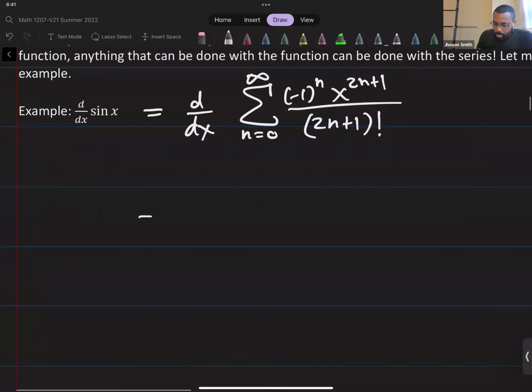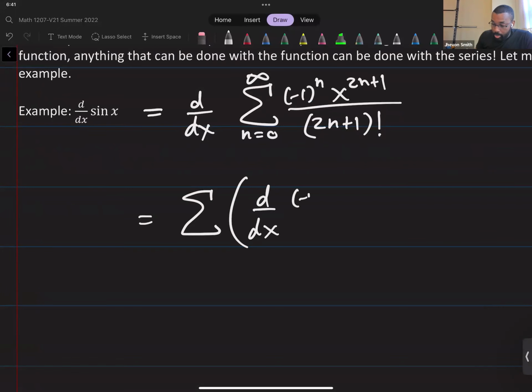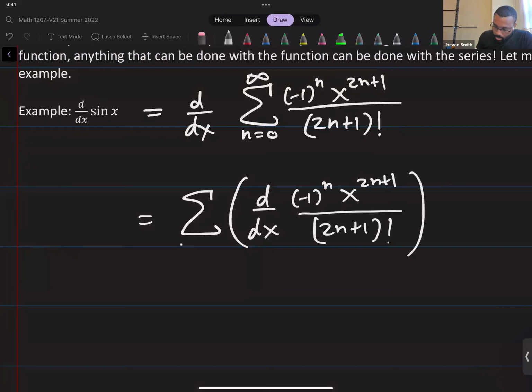If I literally just replace the sine with the series, look at what's going to happen. Well, I can switch the derivative and the summation sign because we have absolute convergence. So what allows me to do this is absolute convergence.